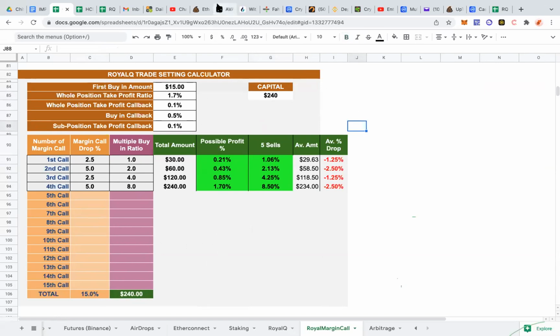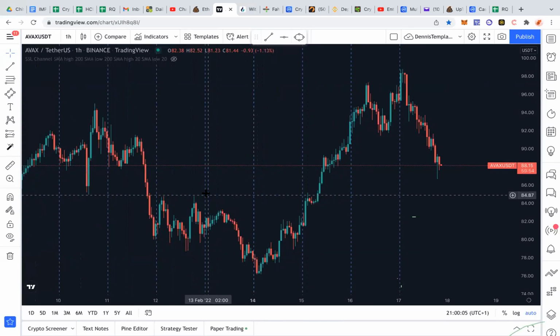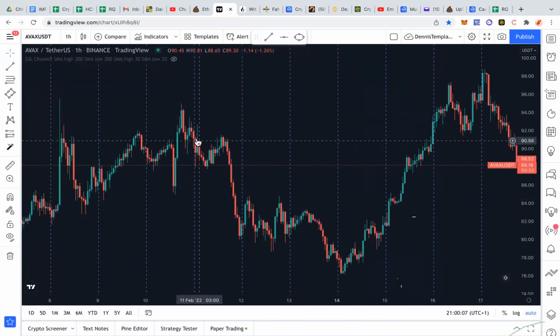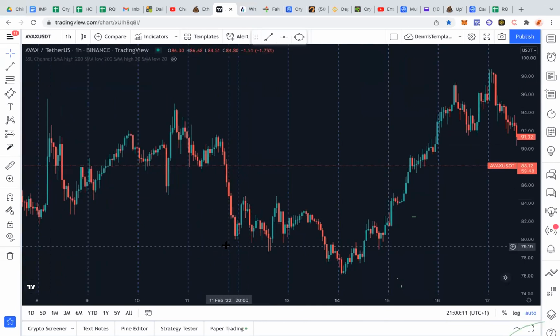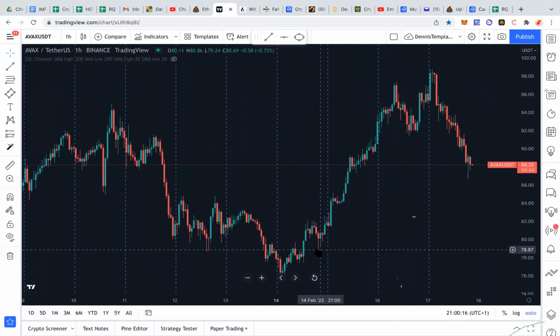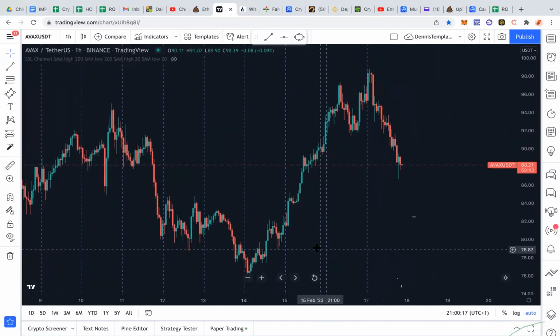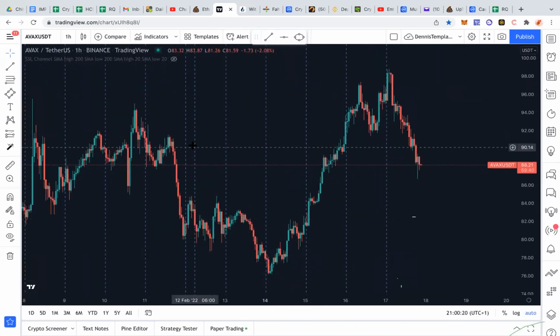Let's say when the market is dropping, like Avas is dropping now, there are pullbacks. There will be lower highs, and these lower highs are pullbacks. So when you go to a lower time frame, you will see there were pullbacks. So in this drop by 15%, you only need 1 sell.